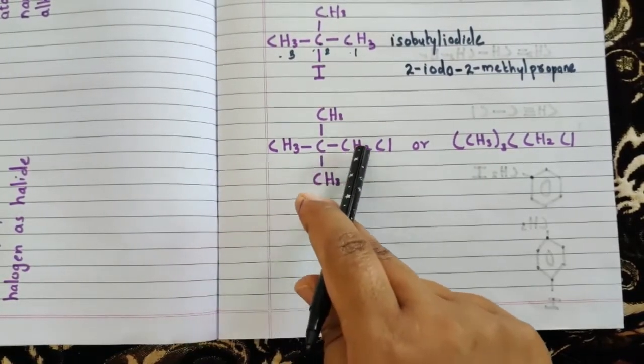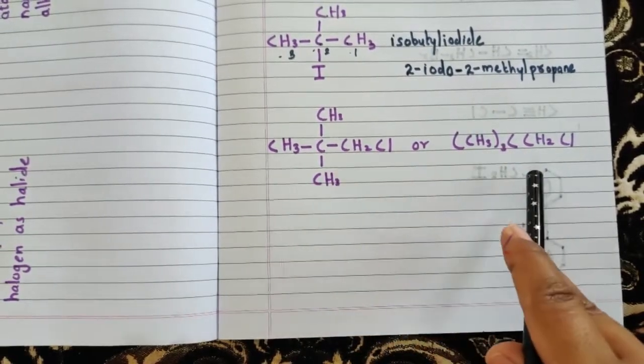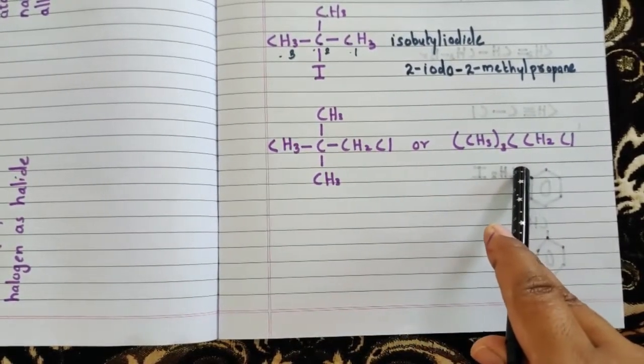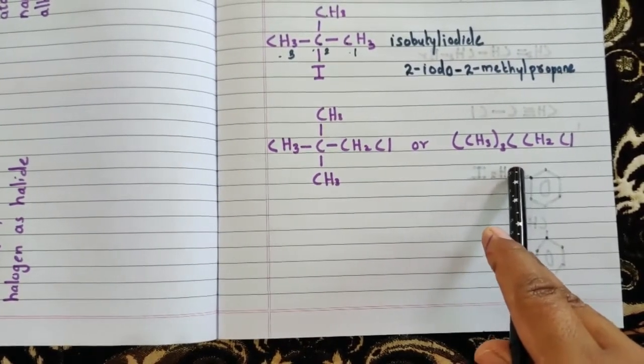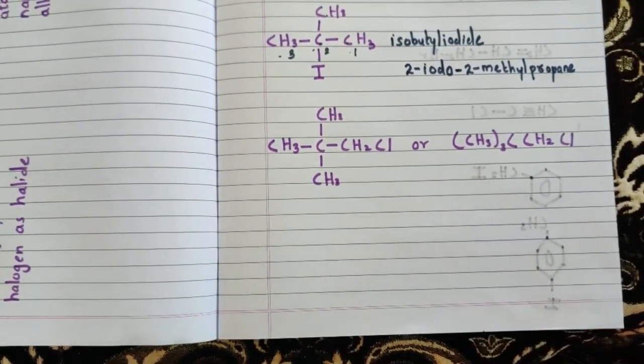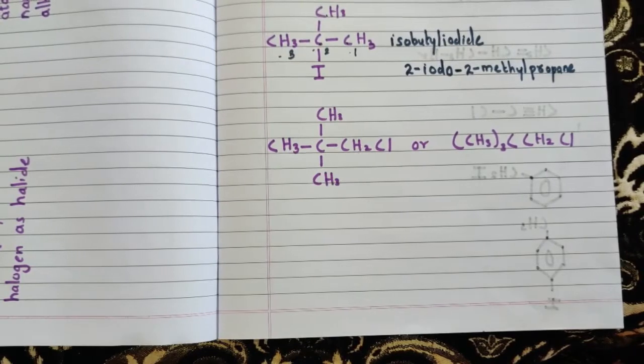CH3 CH2Cl. The condensed form of the same structure I have written next to it. In the same way the above structure can also be written in the condensed form. I always suggest you write the condensed form in a simpler form and then name them. It becomes easy.